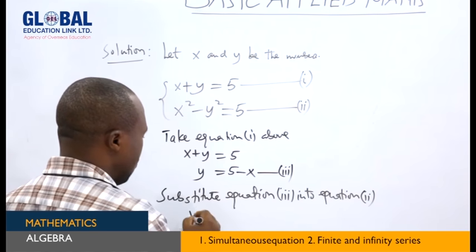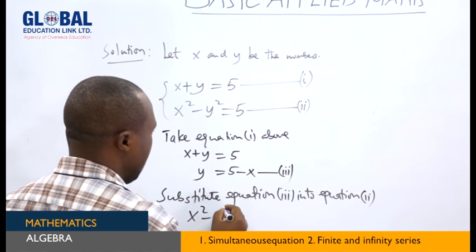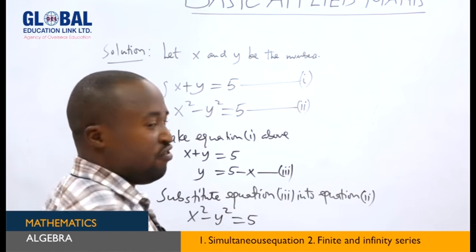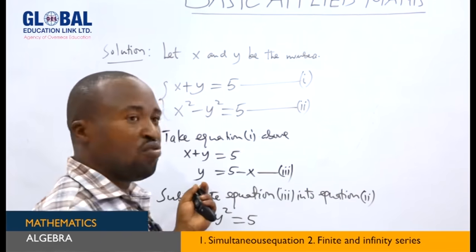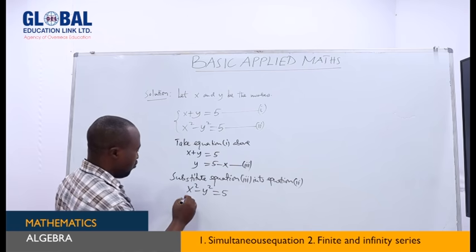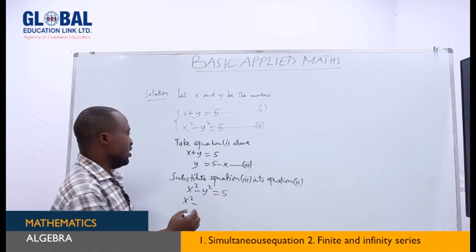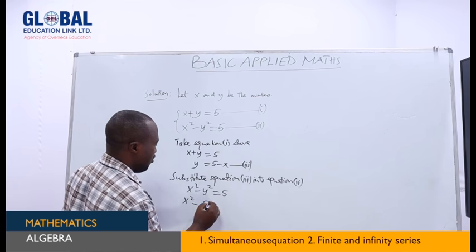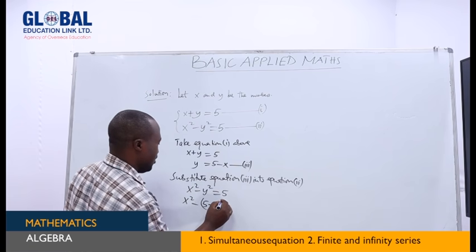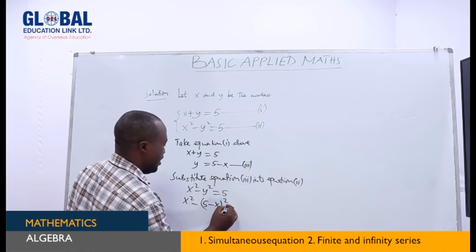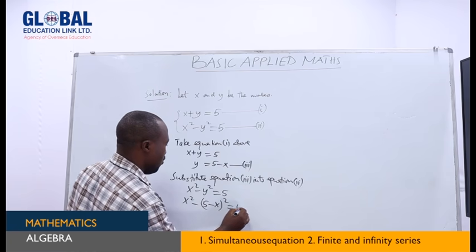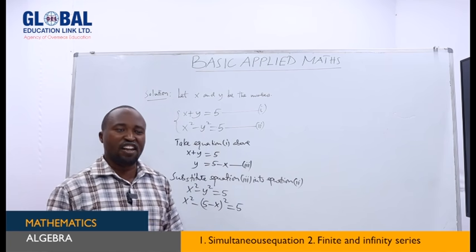Equation 2 says x squared minus y squared is equal to 5. So we substitute the value of y. We are going to have x squared minus y squared, which is the same as (5 minus x) squared, is equal to 5.